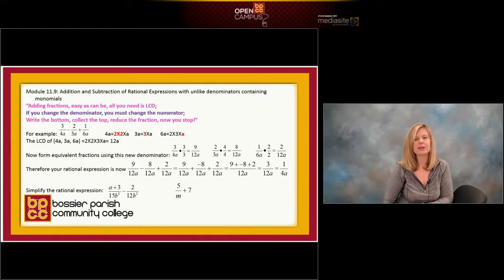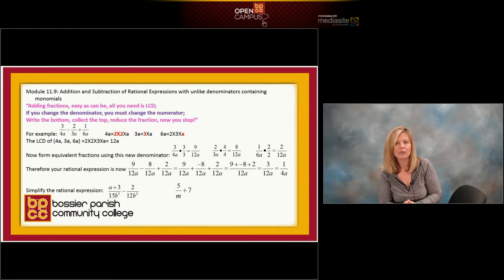And that's why that 8 becomes negative 8. So now we have 9 over 12a plus negative 8 over 12a plus 2 over 12a. Now we can just write the bottom, 12a, and collect the numerator. 9 plus negative 8 is 1. 1 plus 2 is 3. So now we have the fraction 3 over 12a.